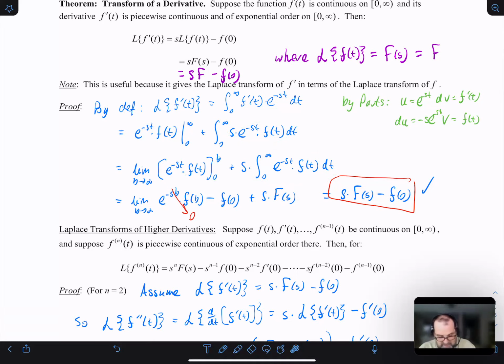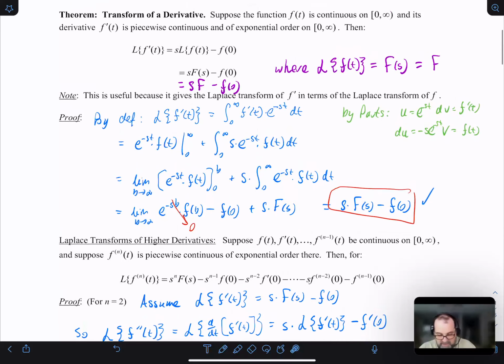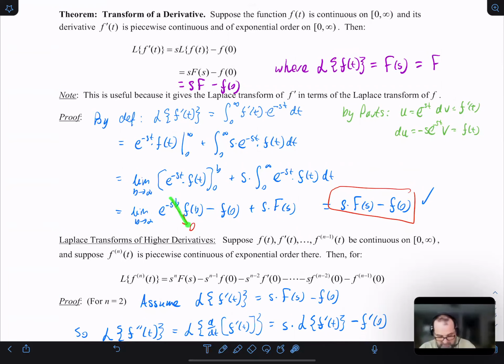We get e to the minus sb times f of b. And again, as long as f is a function that has a Laplace transform, this limit will go to 0. So we will still have this minus f of 0 present. And then we have s times what is effectively the Laplace transform of little f, which is big F. That is what this says.